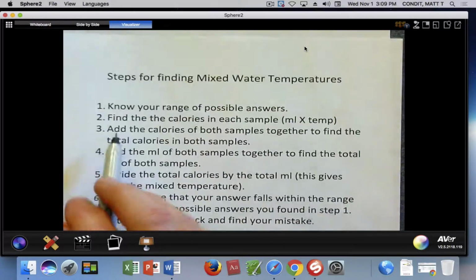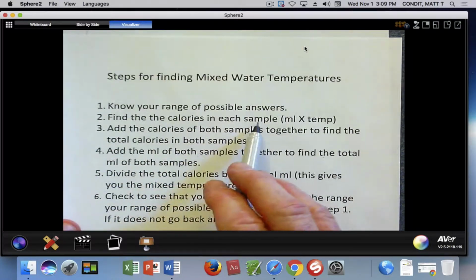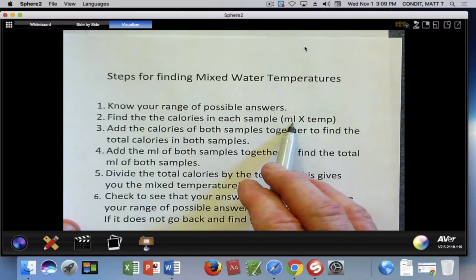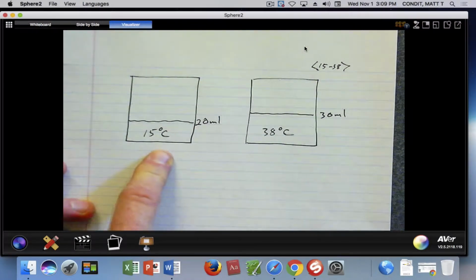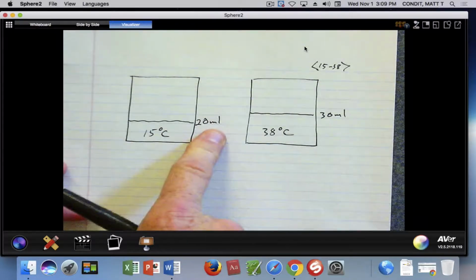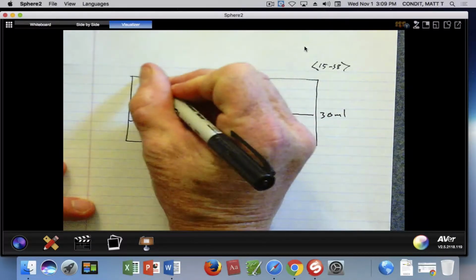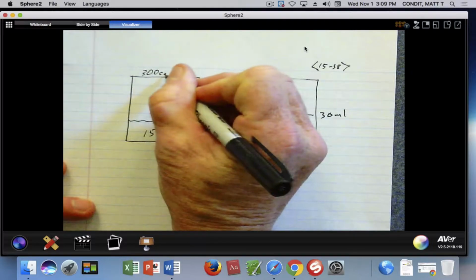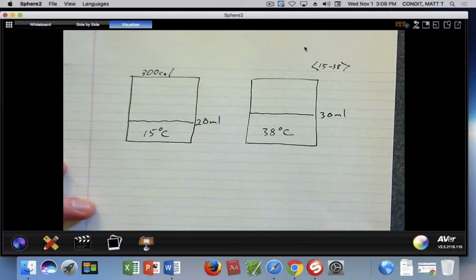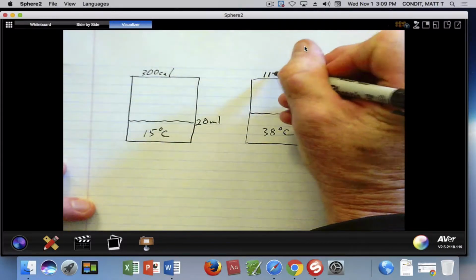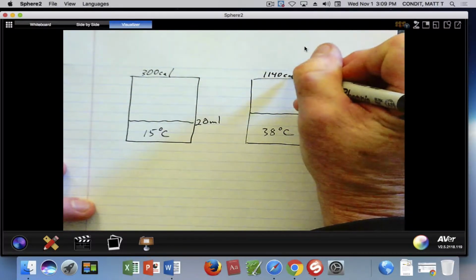So the next step is to find the calories in each sample, and we do that by multiplying the milliliters times the temperature. When we do that for this one, 15 times 20 equals 300 calories. And for this one, 38 times 30 equals 1,140 calories.